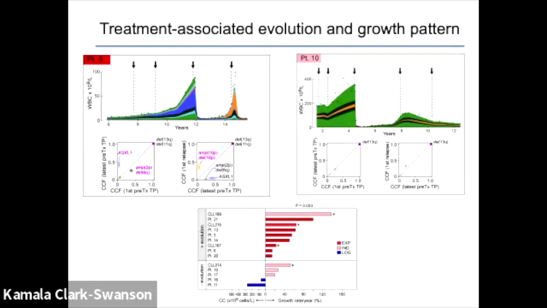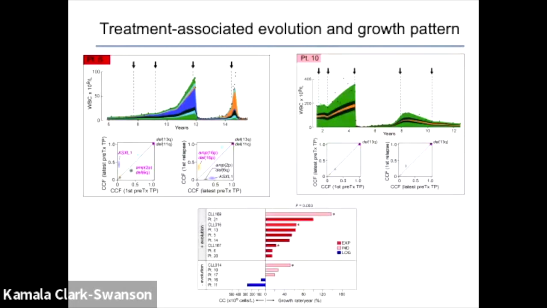So no evolution happened here. We were able to look into a little more than 10 patients where we had sequencing before and after treatment, and where we had white blood cell counts to classify them into one of the two categories. We do see a trend of clonal evolution post-treatment in exponentially growing CLLs and no evolution post-treatment in logistically growing CLLs.